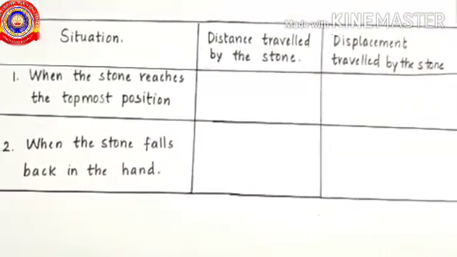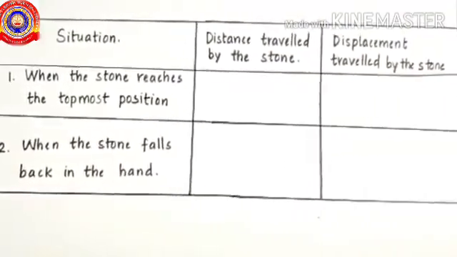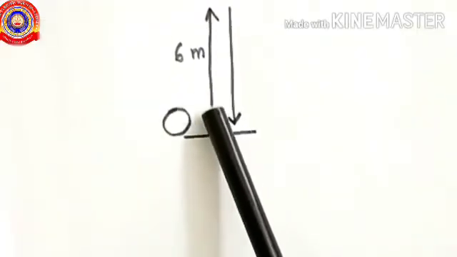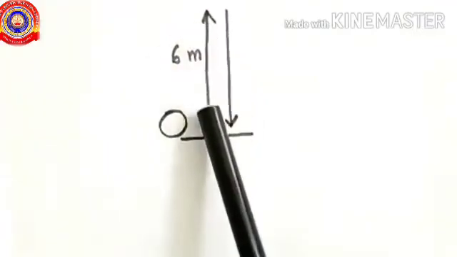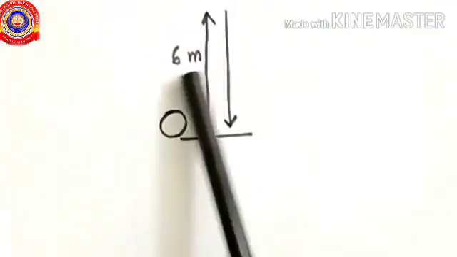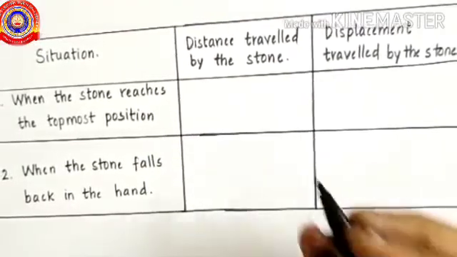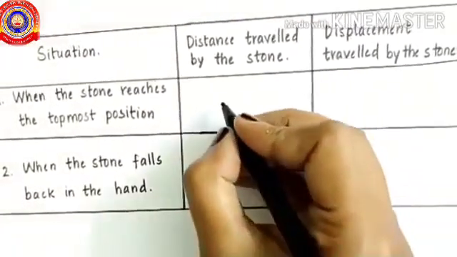Our first question is, find the distance travelled by the stone when it reaches the topmost position. Topmost position means it travels up to this height. So, the distance travelled by the stone when it reaches the topmost position is 6 meter.